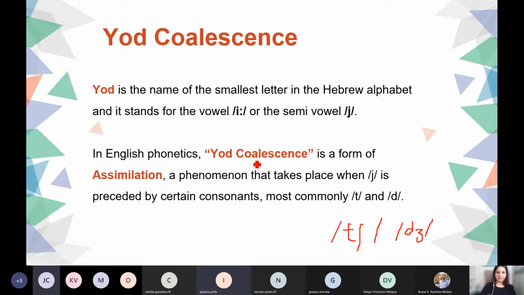Those are the two resulting phonemes when we have a T or a D followed by a J.